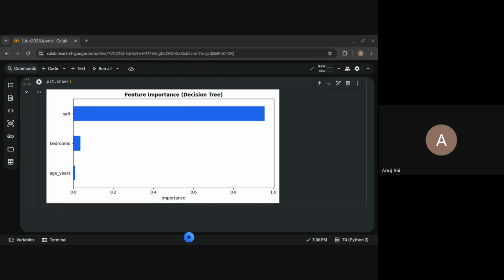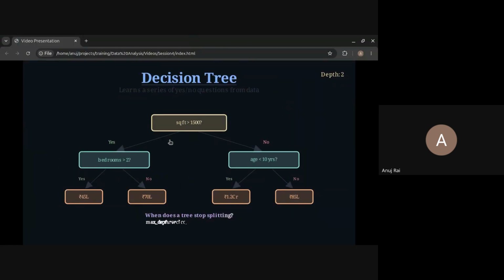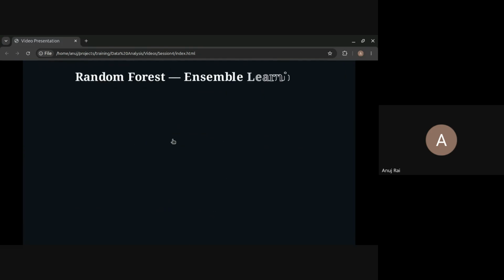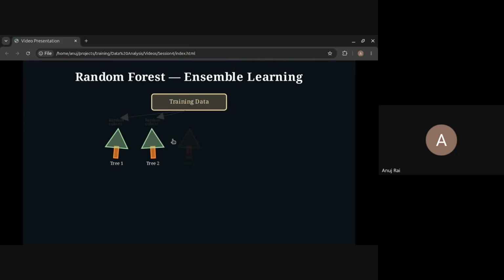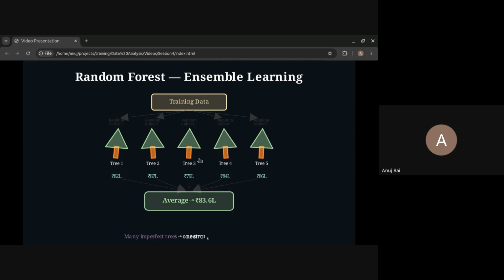So linear regression, the decision tree, and then we have random forest regressor. So random forest, or ensemble learning. Exactly, a random forest is a collection of many decision trees that work together.